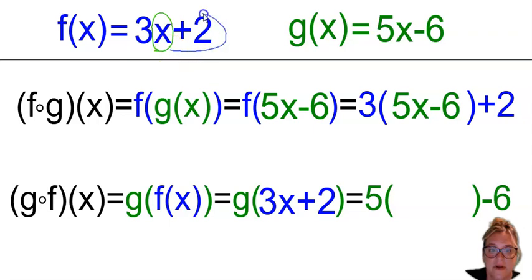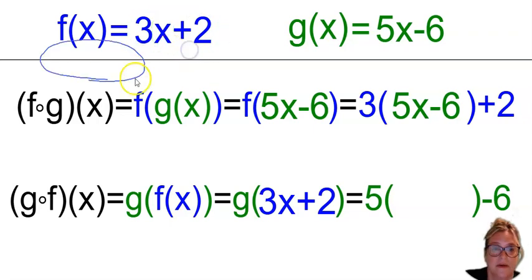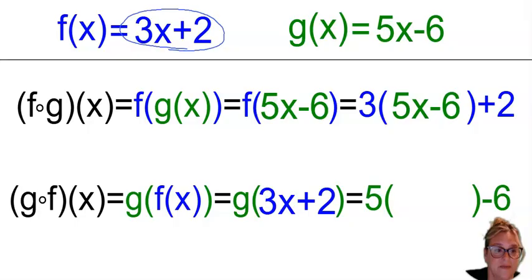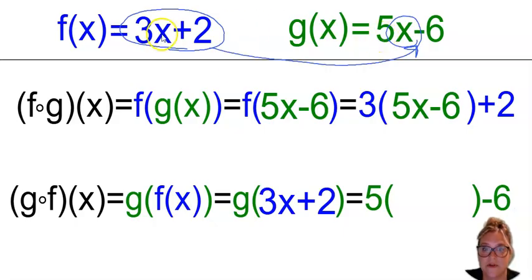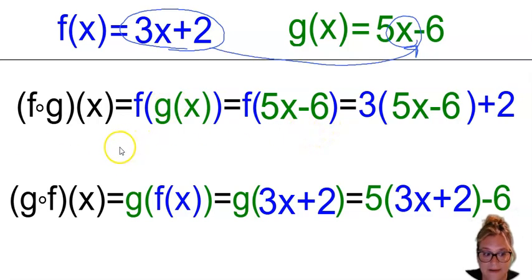So I'm going to take this 3x plus 2, and I'm going to replace the x in 5x minus 6 with that 3x plus 2. So I have 5 times the quantity 3x plus 2, minus 6. See how we're taking this 3x plus 2 and we're substituting it for the x in g of x. And that's how you compose your functions in terms of x.